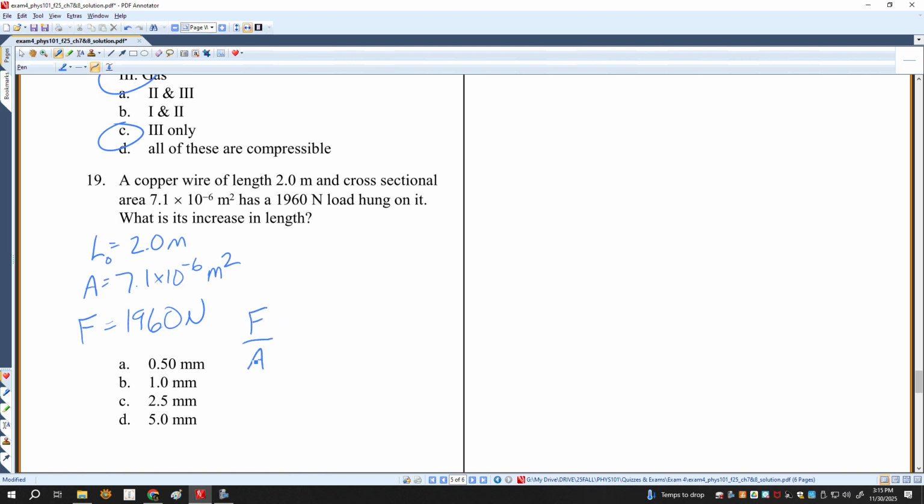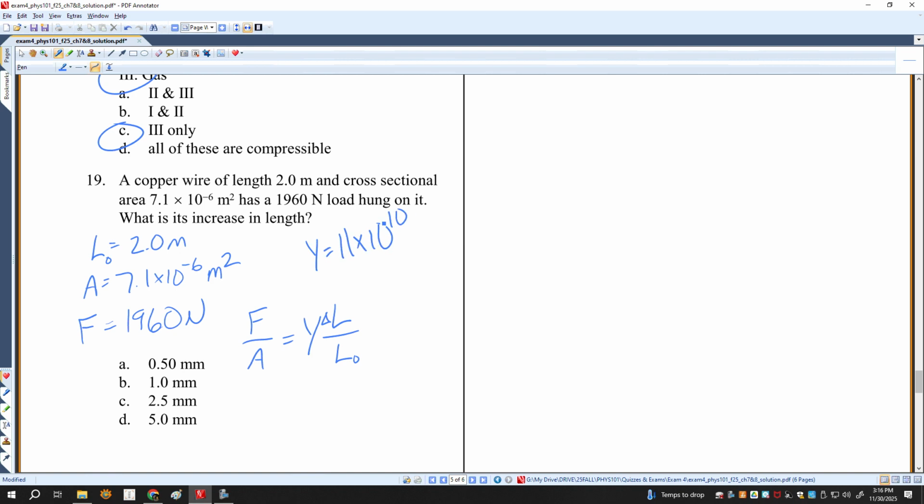F over A, the stress that it experiences, is equal to the Young's modulus times delta L over L naught. And I can find that Young's modulus on your equation sheet for copper. It's 11 times 10 to the 10th.